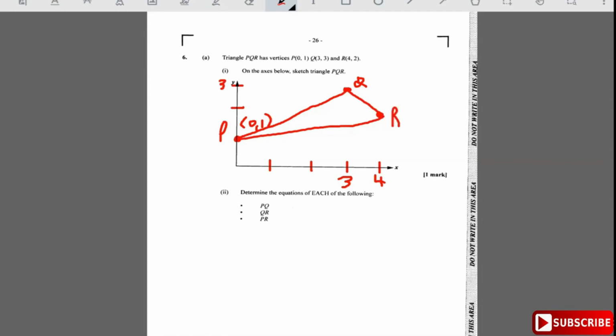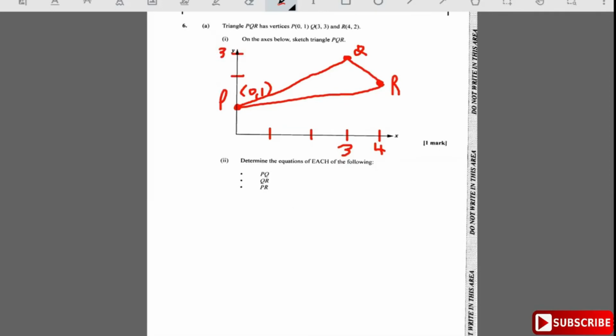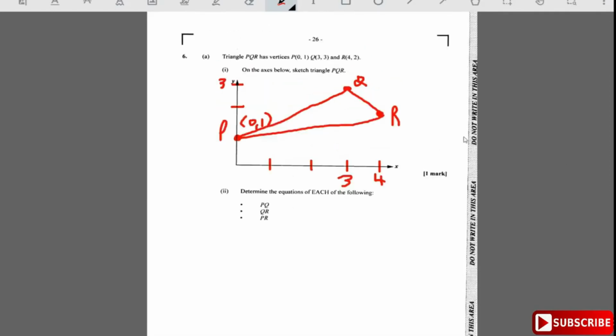Now it says determine the equation of each of the following. So first we need the line PQ. First thing we need is the gradient of the line PQ, which is equal to rise over run. The rise from 1 to 3 is 2 and the run is 3.